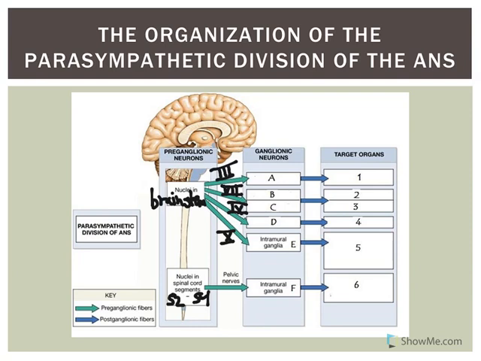So you'll notice the oculomotor nerve is associated with a ganglion that we refer to as the ciliary ganglion. You've seen that term ciliary before when we talked about the eye, because one of the target structures for the ciliary ganglion is the ciliary muscles. So target would be ciliary muscles.